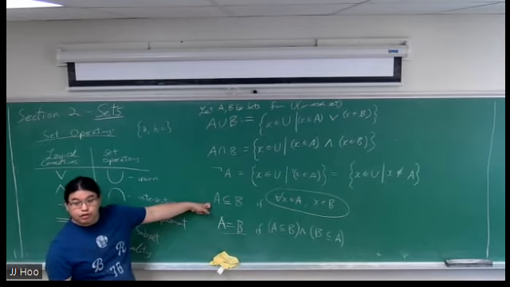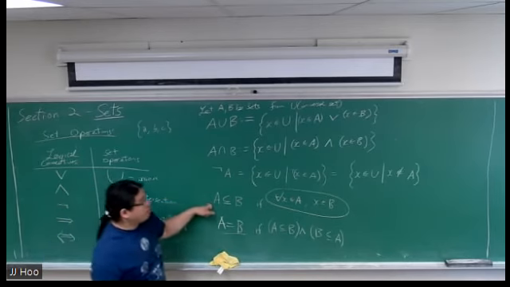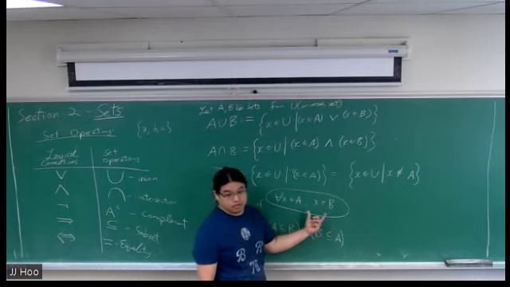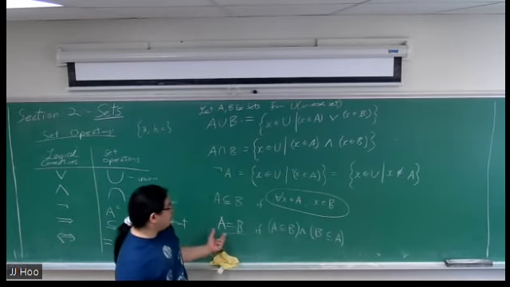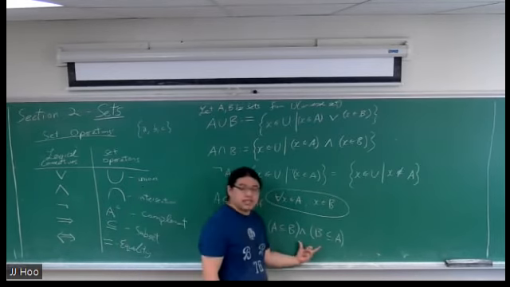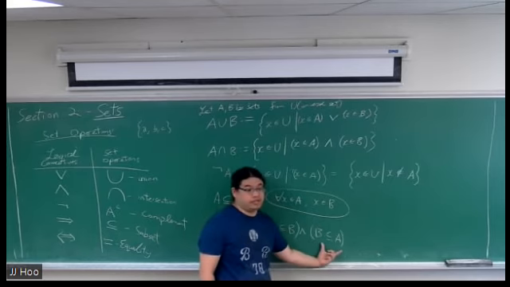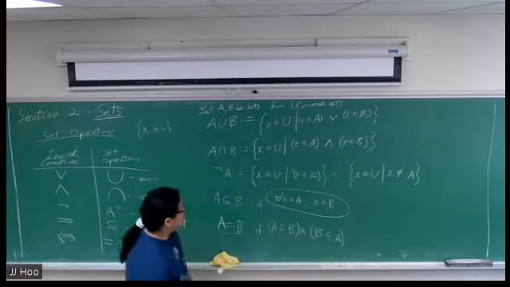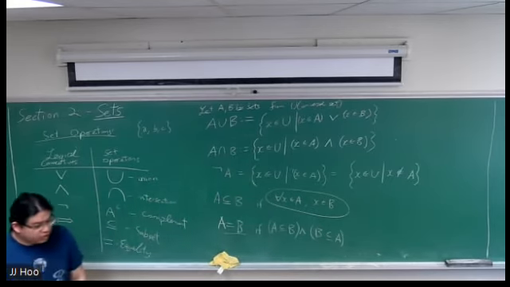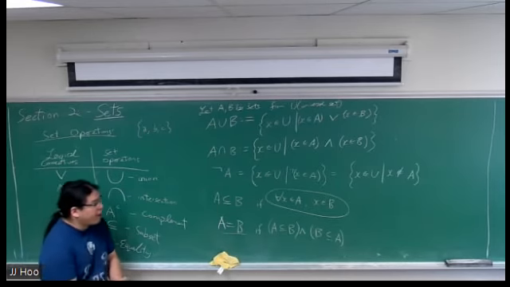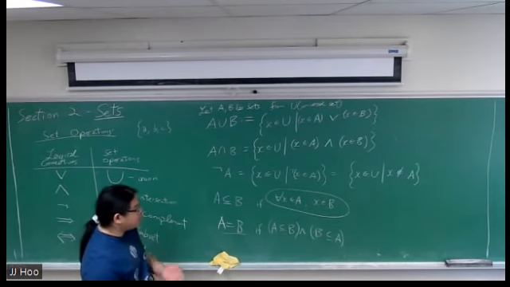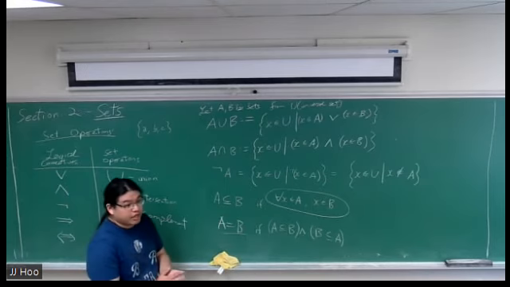In other words, to prove that A is a subset of B, you're proving this statement. If you want to prove that A equals B, you're proving this statement, which now amounts to proving this statement and this statement at the same time. So this is where we'll start seeing proof concepts. Before asking you to write a proof, I'll maybe show you some different ways of writing proofs and give you a few examples.